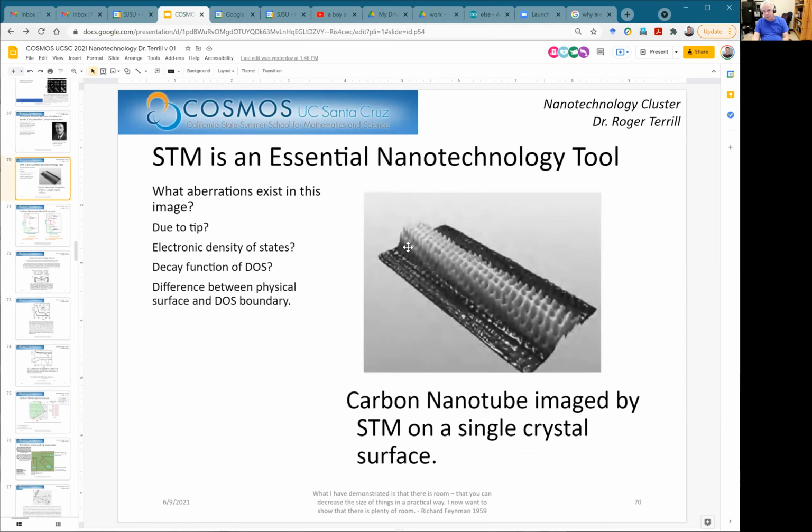You saw in the STM image that there are these interesting twists that you can get in a nanotube, and so they show up in the density of electronic states, which is what actually is being probed by the STM tip, although it's not hard to infer the atomic positions from that.